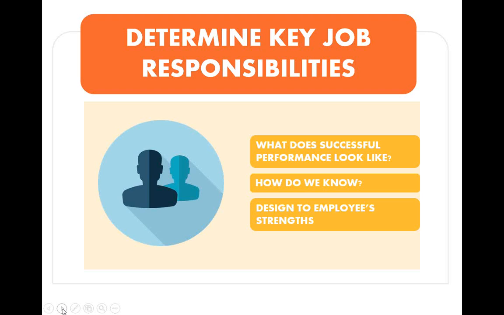And this really gets to this piece of the puzzle, which is determining the key job responsibilities. When I talked about what successful performance looks like, I was referring right to that customer service rep, at that level. We typically understand what our top employees do, how they do their jobs, what makes them successful.